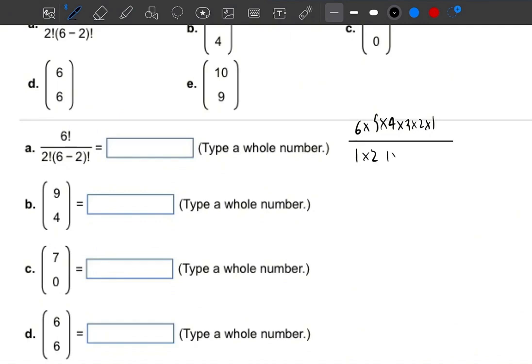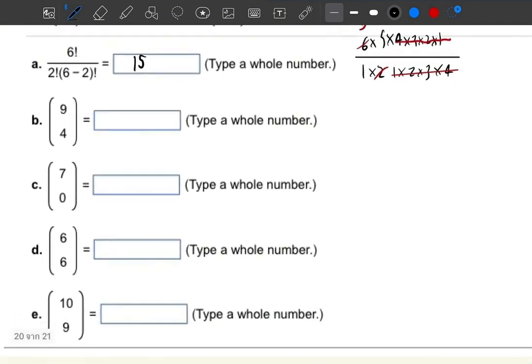So it's gonna be 1 times 2 times 3 times 4. Gonna eliminate the number over here and here and here also. So this will equal to 3 times 5, which is 15.